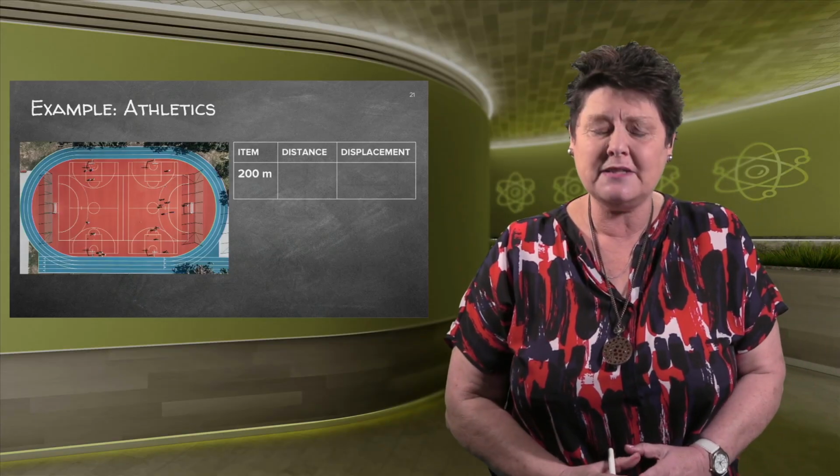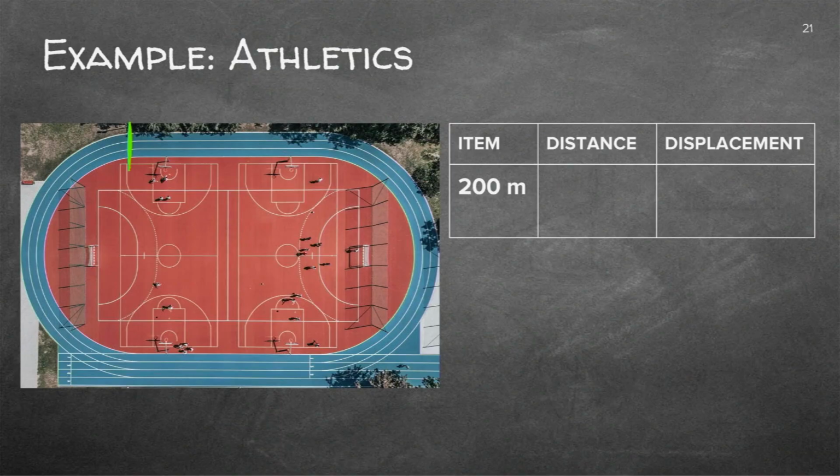The 200 meter will start there, the starting point, run this arc, get to that point there, and then run another 100 meters. So it's 100 meters there, and it's 100 meters there. If you add them all together, the distance will be 200 meters.